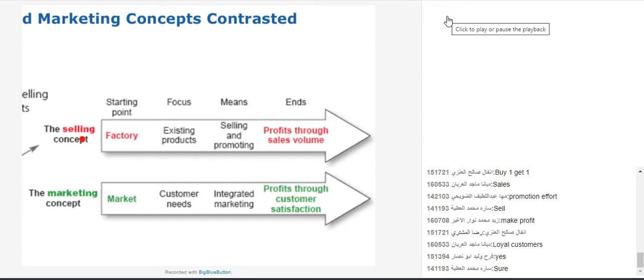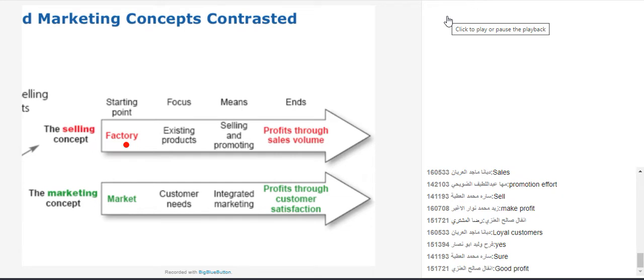But before, in the selling concept and before, the starting point was wrong, it was in the factory. They started producing first, and then they tried to convince the customer to buy. They were making profits, yes, but profits through sales volume, not through customer satisfaction.